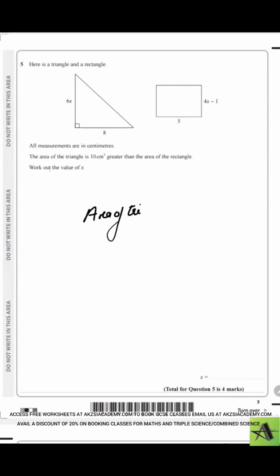And by how much? The area of the triangle is 10 centimeters squared greater than the rectangle. That means the area of the triangle equals the area of the rectangle plus 10, because it says 10 centimeters squared greater than the area of the rectangle.